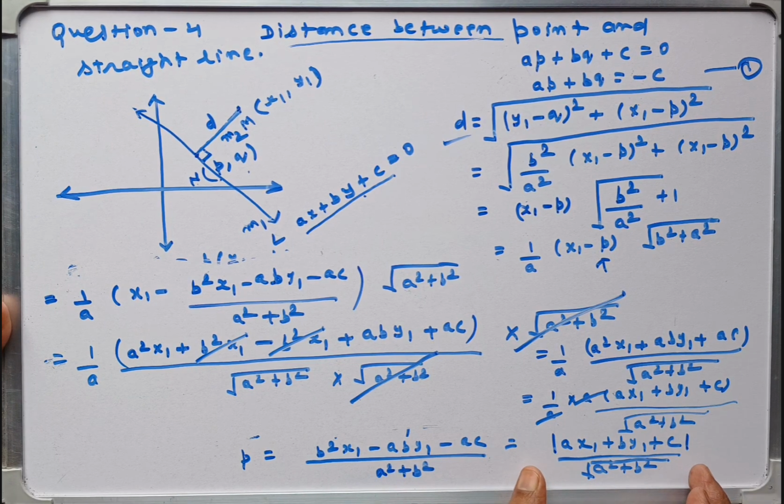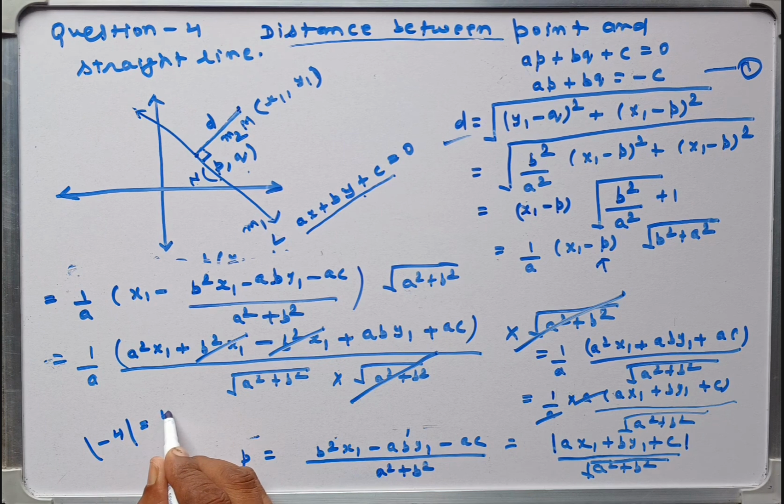If we put the mod, it means whatever value comes here, if it is negative, suppose this is minus 4, the mod will make the value 4. So finally this is the formula for finding the distance between a point and a line.